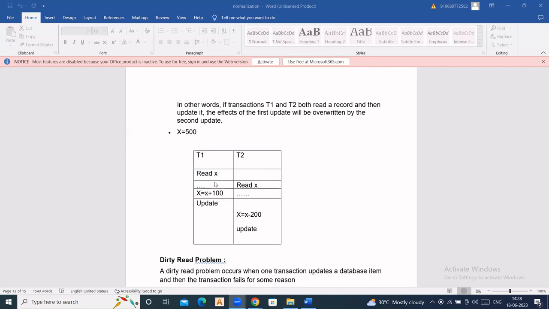Your update is lost. So write down this point and this diagram also. It is important for GATE. They can give you a diagram and ask whether there is a lost update problem there or not. Yes, you have to write that point. X is equal to 500. Draw this table.